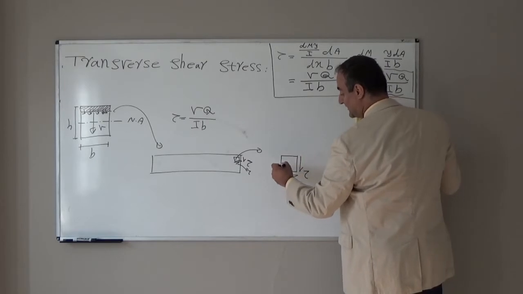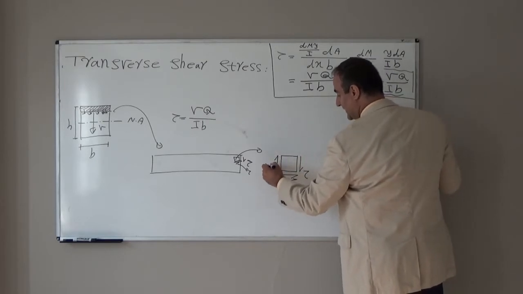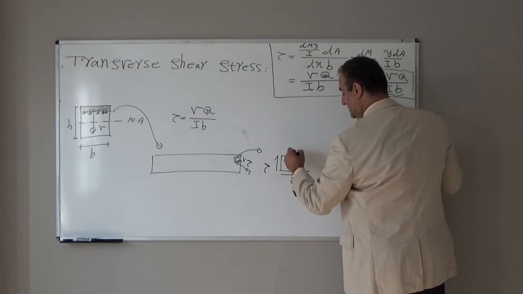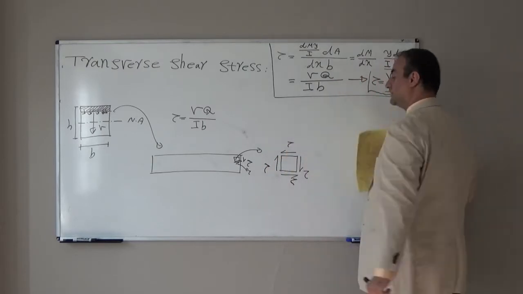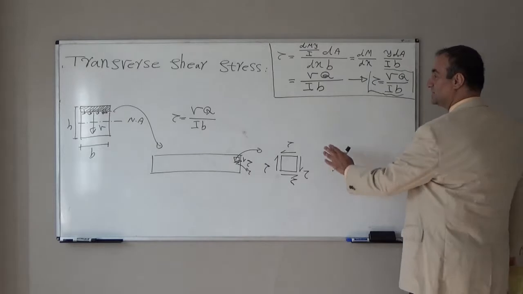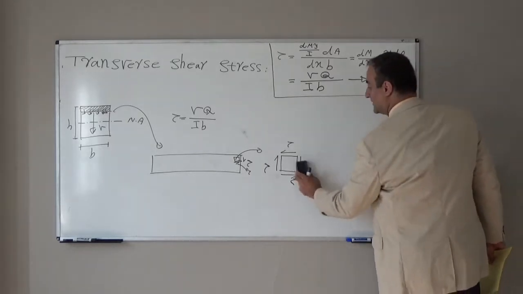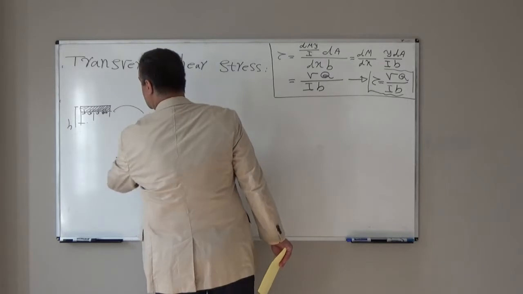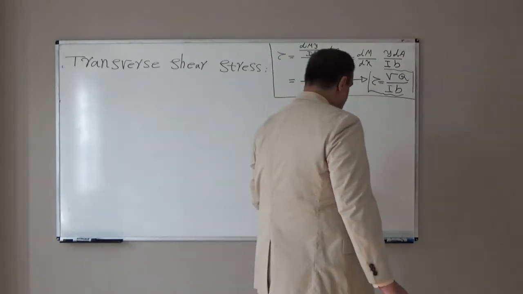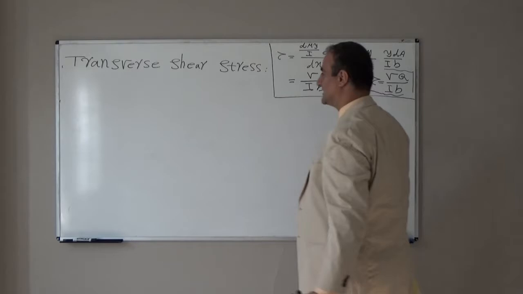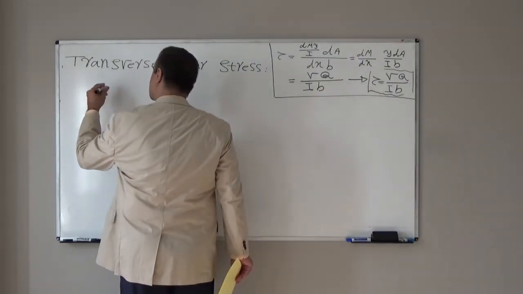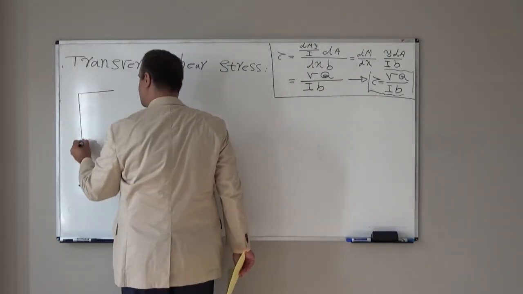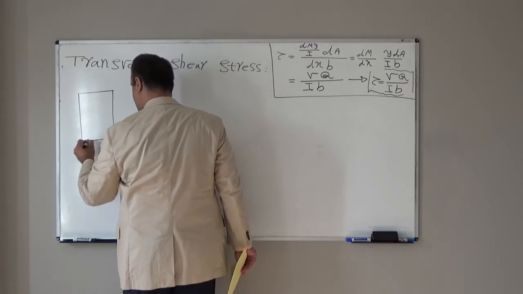Again on the other side we will have tau, and here we will have tau. Of course we will look at this later on. As a first example, let's look at the shear stress distribution in a rectangular cross section. Again, we have a rectangular cross section for the beam.